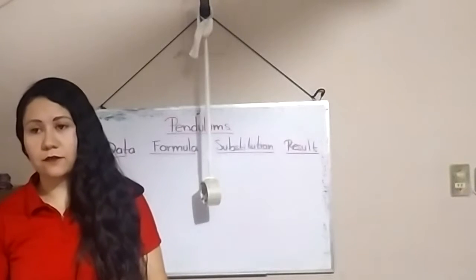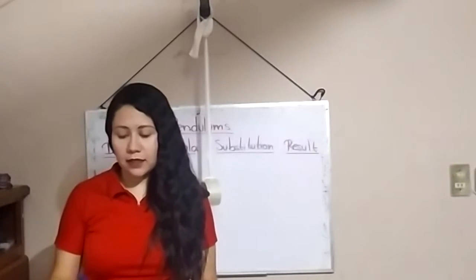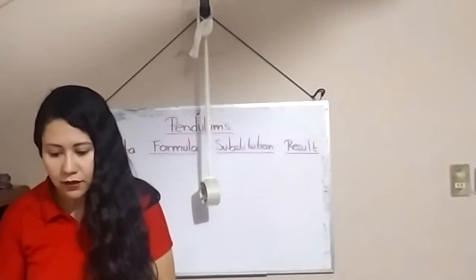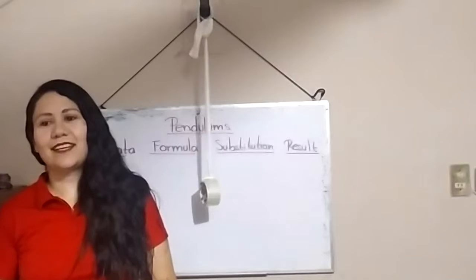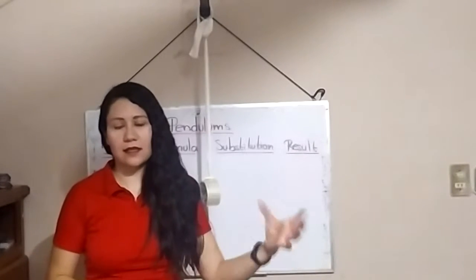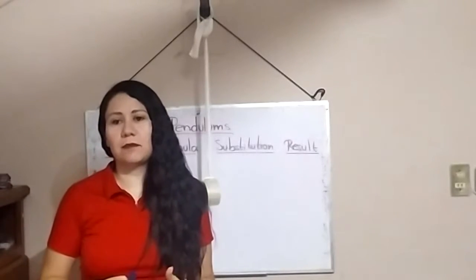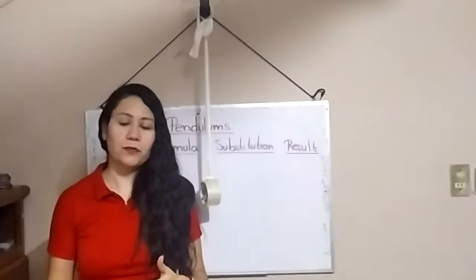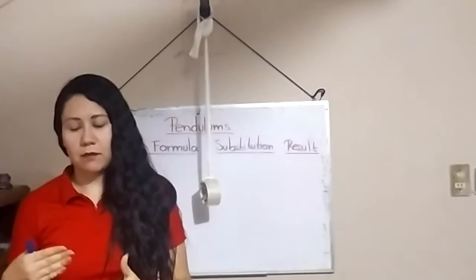It was not until 1656 that the first actual pendulum clock was completed, and it was by Christian Huygens. He used Galileo's design as a base, and he made some improvements, and he had someone build the first pendulum clock.